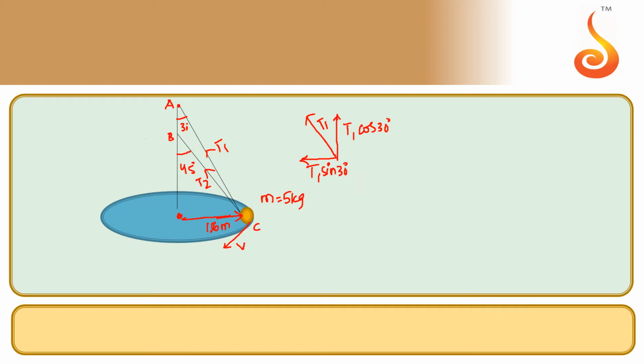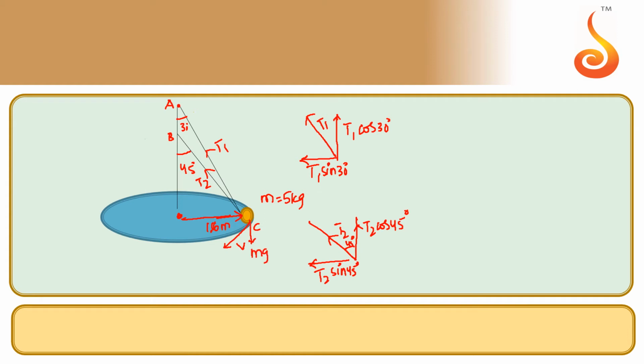Even for T2, if we do it, this will be 45 degrees. This will be T2 cos 45 and this will be T2 sin 45. For the block, its own weight is acting downward, which is mg.